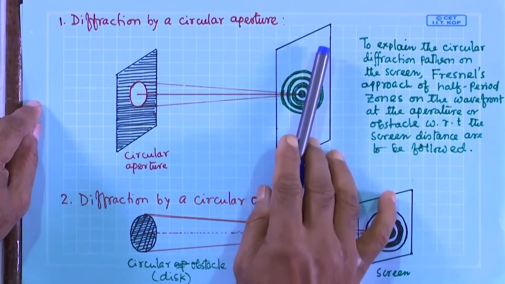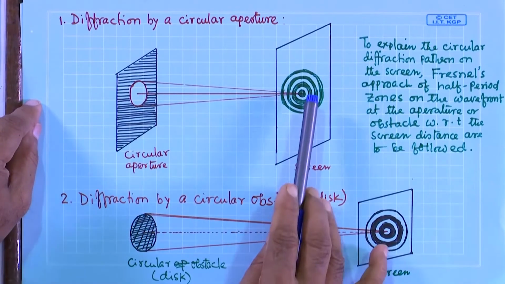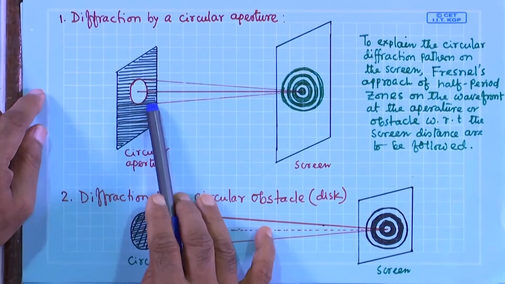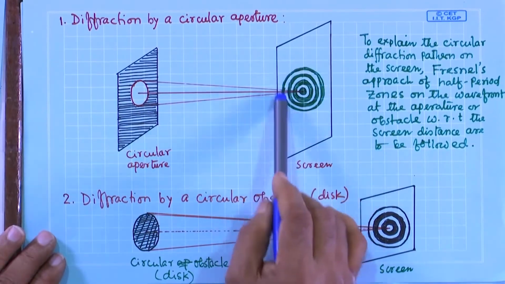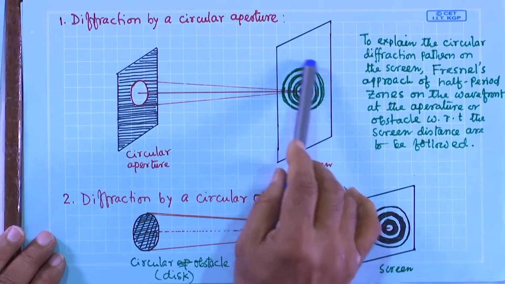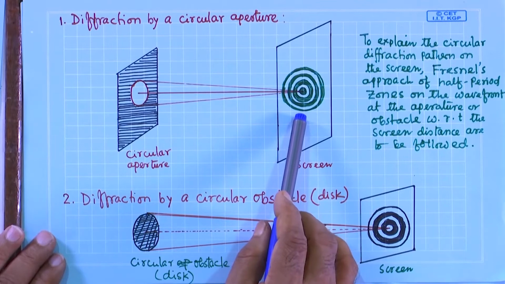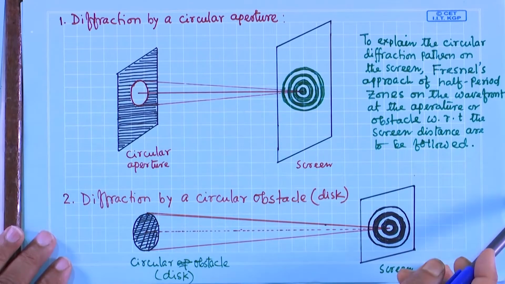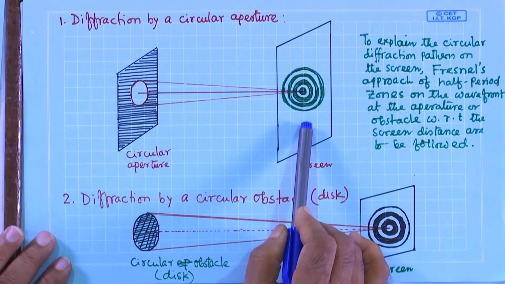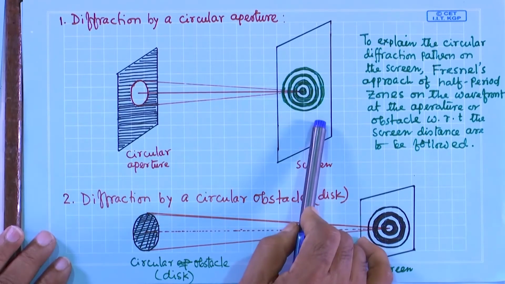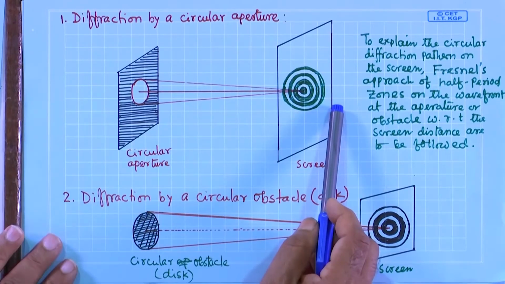Then the screen is placed at a finite distance here. On the screen, due to the circular aperture, we will get this type of intensity distribution. Basically we will get a ring pattern, or circular diffraction pattern, on the screen. Now, how is it formed?